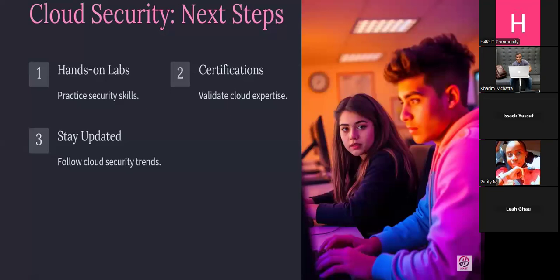That is one of the events that are happening locally. And also, if there are any external events happening all over the world and they are virtual, and you have the time and the resources, please also attend them. That's how you'll be able to stay updated, and also to keep on learning.